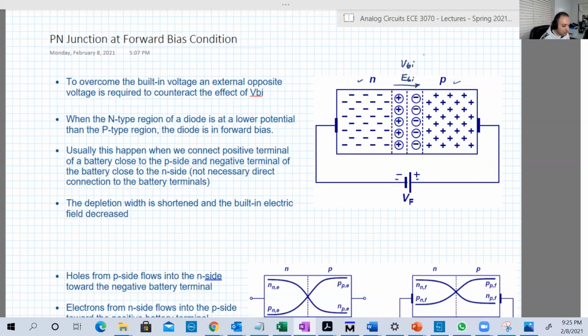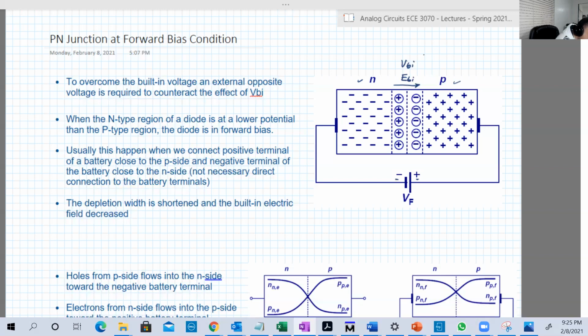So we must put an external source that will create a potential opposite to the built-in voltage, or the built-in field.